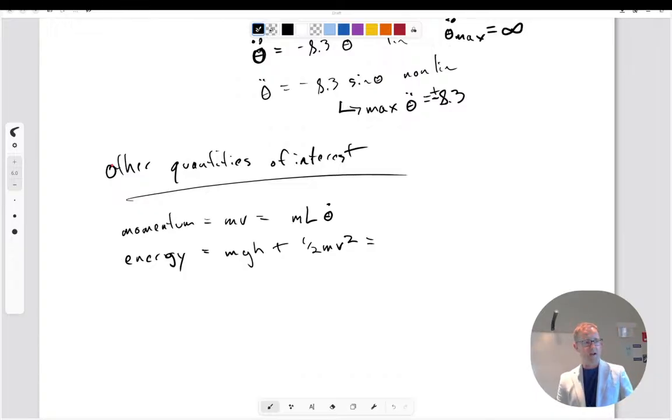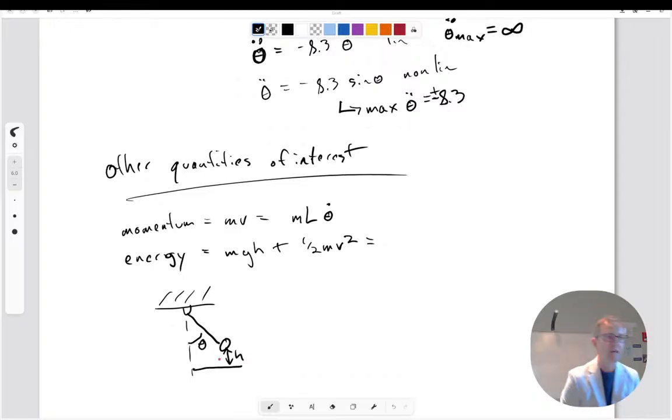So what's our height? I have theta calculated for all points in time. What is H? Okay, so it's got to be from here to there? What is that height?